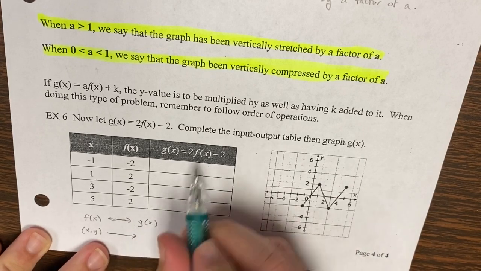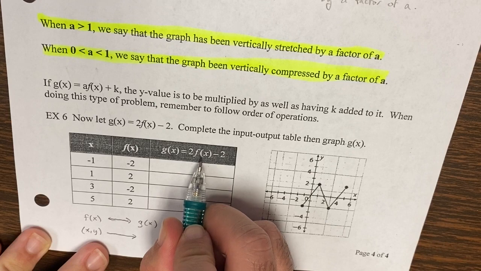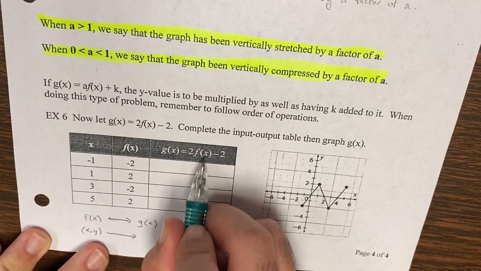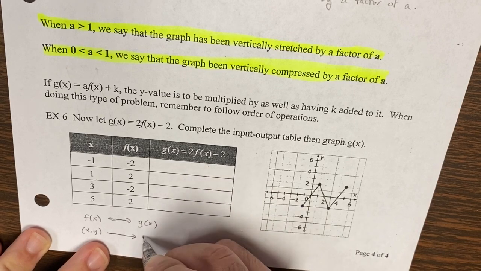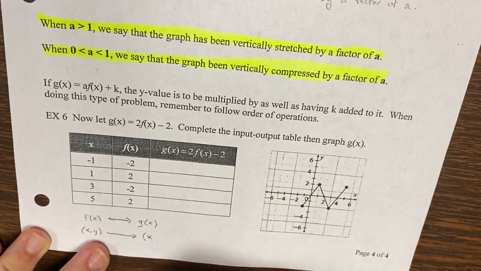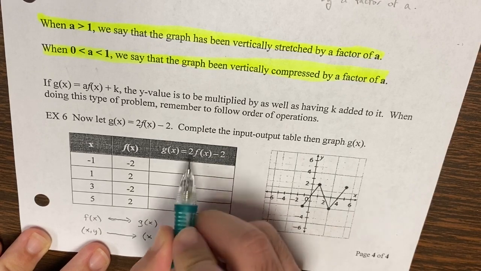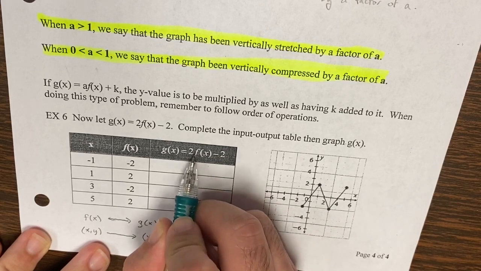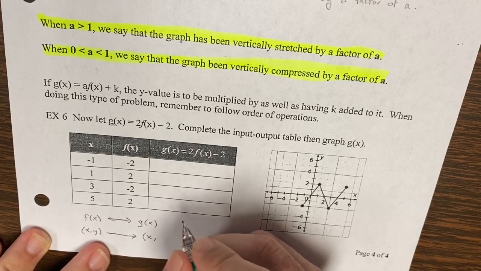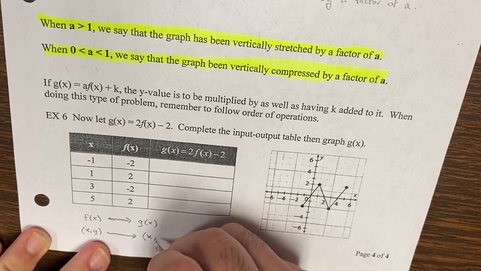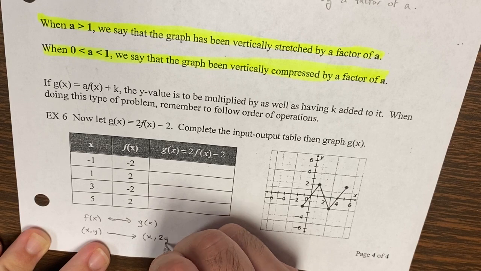Well, let's see. Does anything happen with the x? No, there's nothing inside the parentheses happening to x. So the x coordinate is going to remain the x coordinate. The y values, we have a multiplication by 2 and then a subtraction of 2. So we have to make sure to use the correct order of operations. So we have 2y.